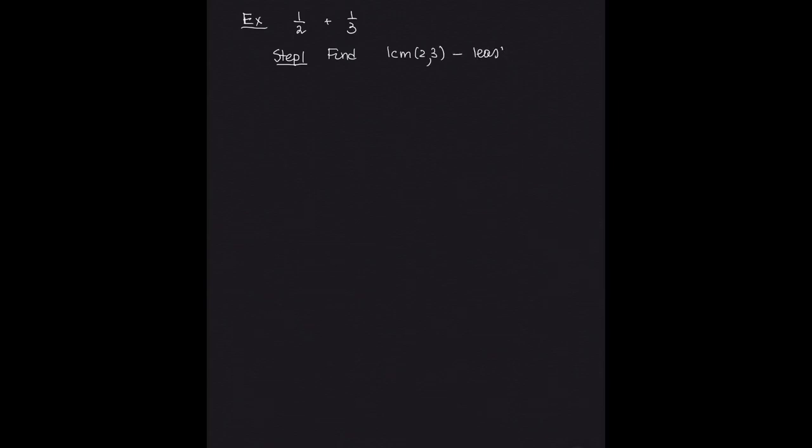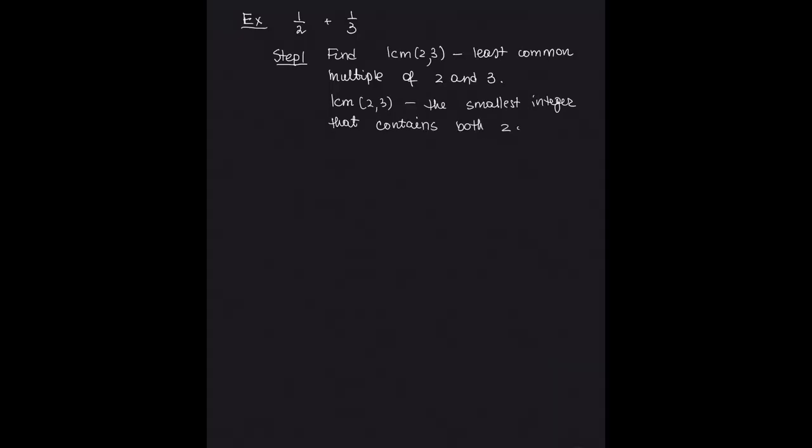So the least common multiple of 2 and 3 is the smallest integer that contains both 2 and 3 as factors.